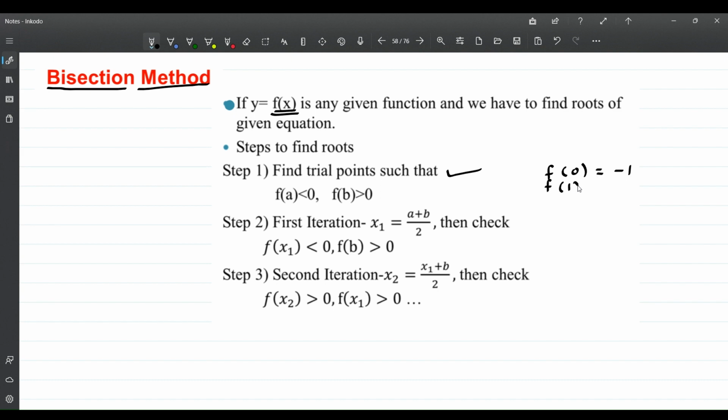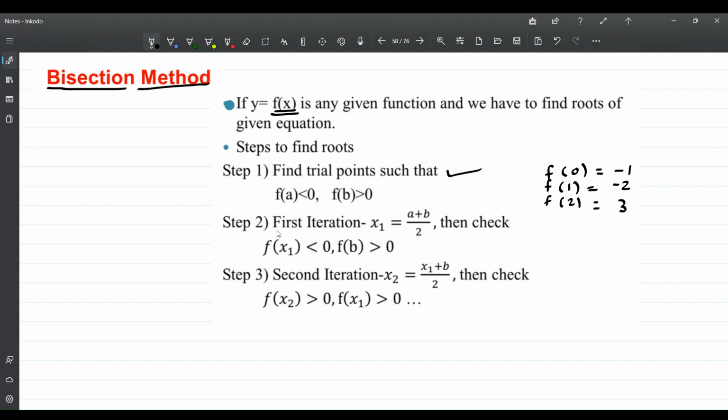Then f of 1 is equal to minus 2. We have to put values 0, 1, 2, 3, 4, 5 up to where the negative sign becomes positive. If f of 2 is 3, then our trial points are 1 and 2. So we write: root lies between 1 and 2. These are the two trial points.